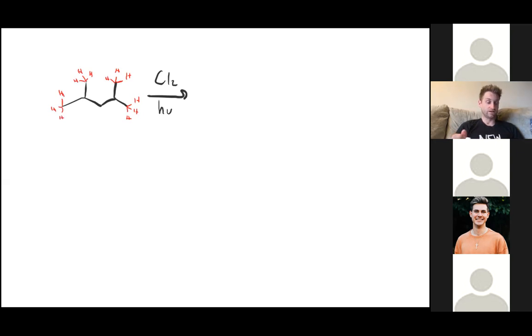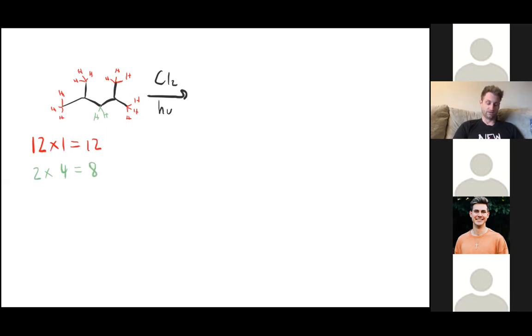We have a total of 12 hydrogens here. Our selectivity factor is still 1. So this will give us a selectivity of 12. Our secondary center in the middle, it's got 2 hydrogens on it. Its selectivity factor is 4.